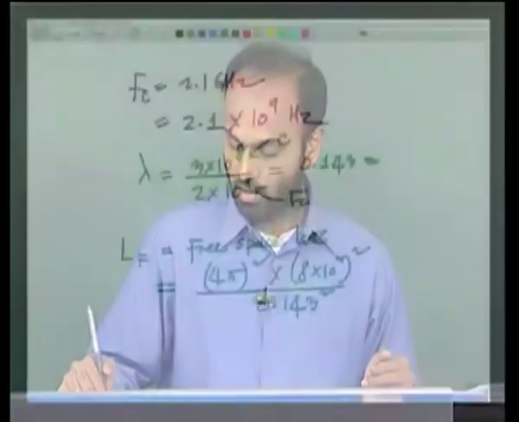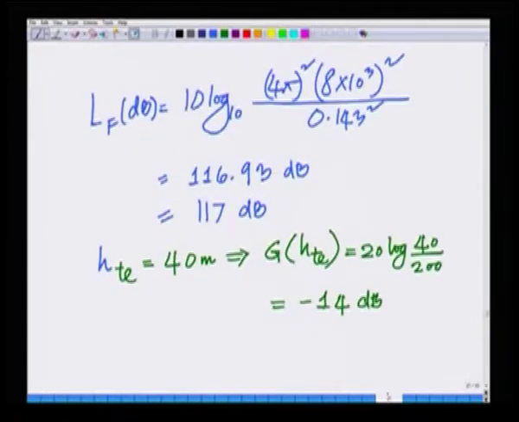And as part of it, we had looked at the free space loss. We said the free space loss is 117 dB, and the transmit antenna height gain factor because of its height of 40 meters is minus 14 dB, and let us start from this point and continue with this lecture.